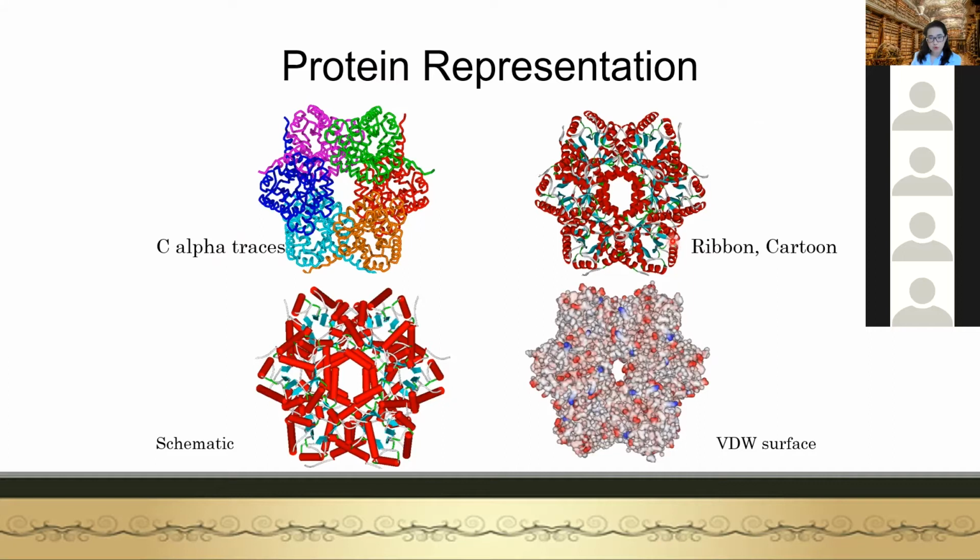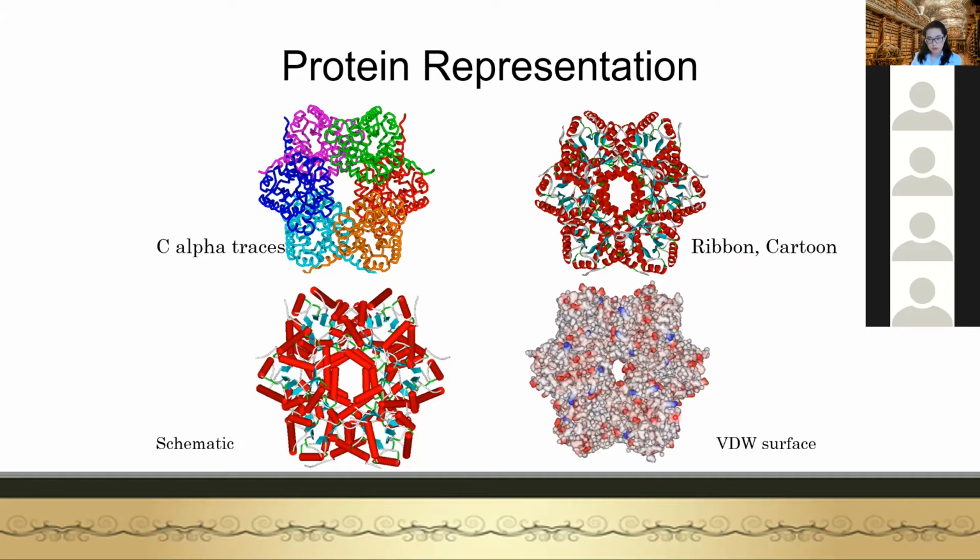And if you want to look at the secondary structure, such as the alpha helix in red and the beta sheet in cyan, you use ribbon or cartoon representation. Schematic shows the directions of the alpha helices and beta sheets.